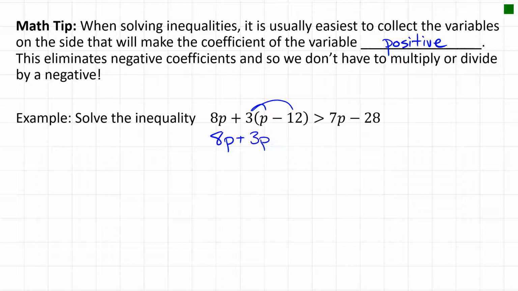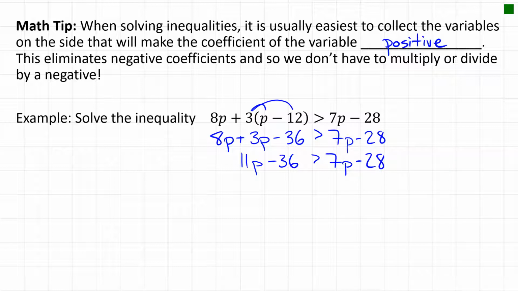So 3 times p, and then +3 times -12 is -36. It's greater than 7p minus 28. So on the left-hand side, I'll group 8p and 3p, so I have 11p minus 36 is greater than 7p minus 28. And which do I want to do?